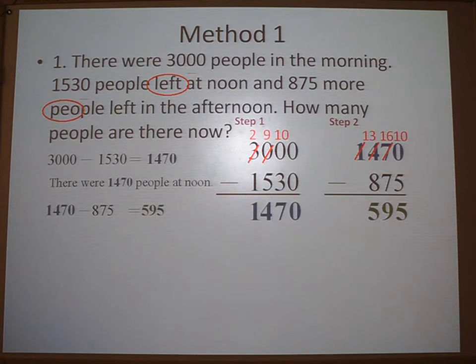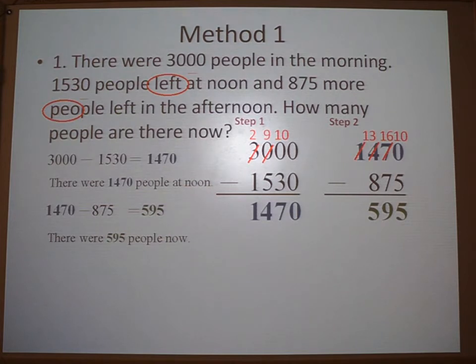So therefore, the final answer is 595. And for the sentence of the second step, it would be: there were 595 people now. So this is method 1.